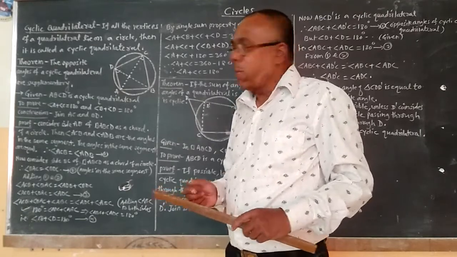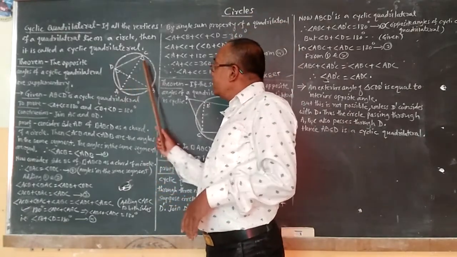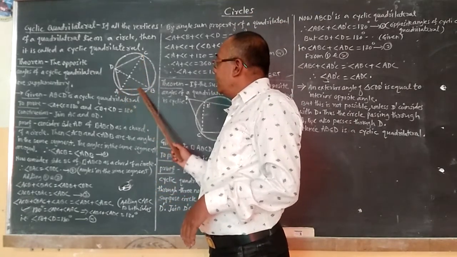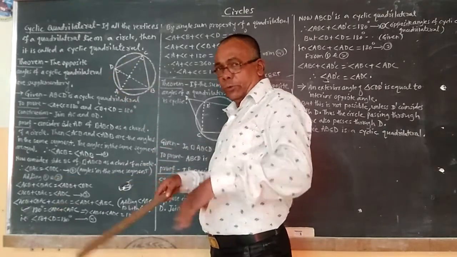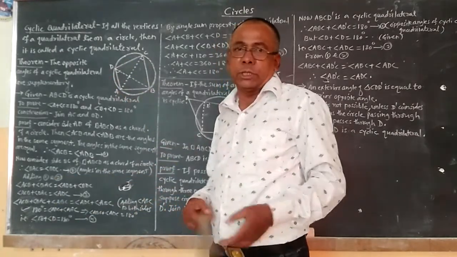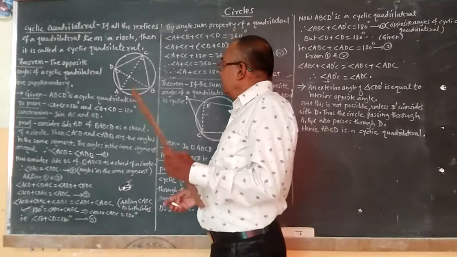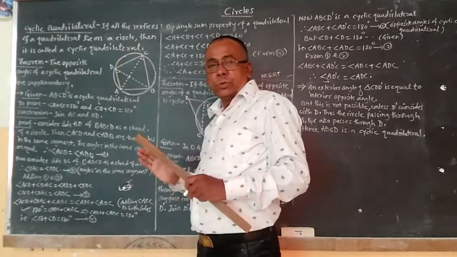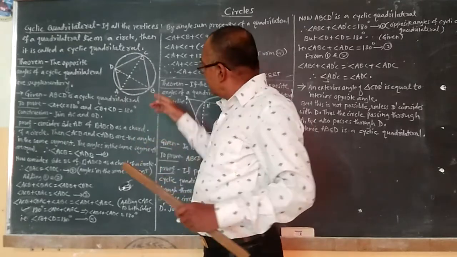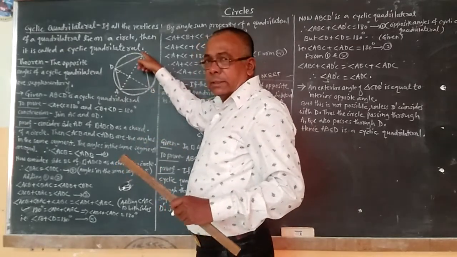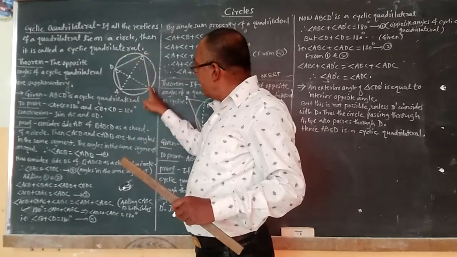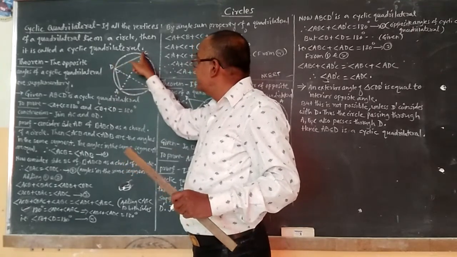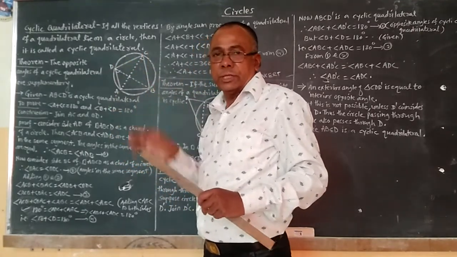Similarly, side BC of quadrilateral ABCD, if we suppose it as a chord of a circle, then due to this chord, again the circle is divided into two segments, BC as a minor segment and BC as a major segment.